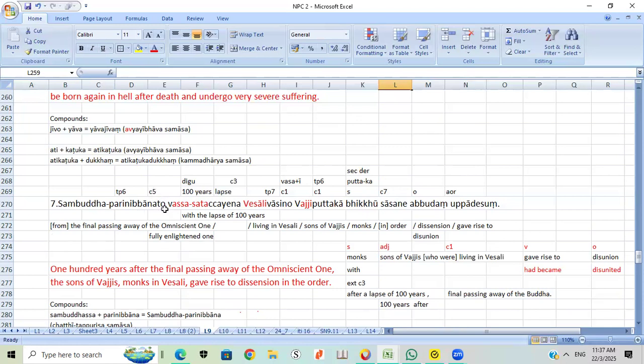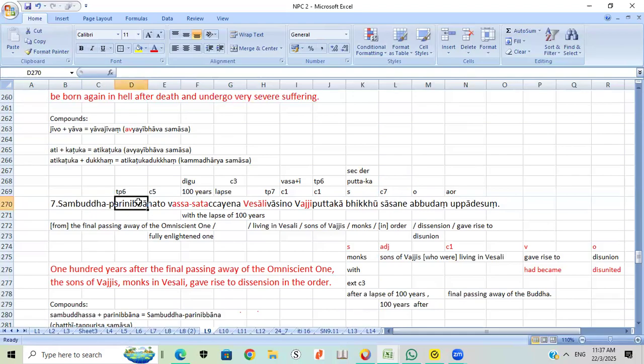That means we take this as the ablative. So here we put from. So Parinibbana is the final passing away. Here, this is Tapurisa. Can you see the dash here is Tapurisa? That means there is an "of" here.